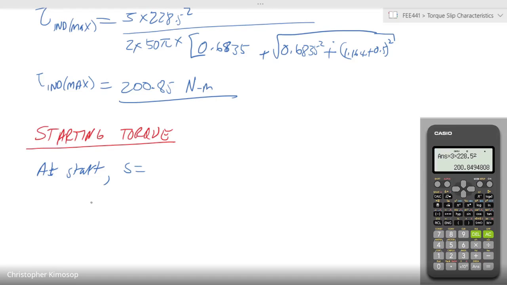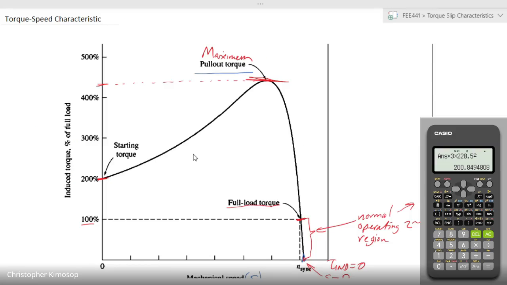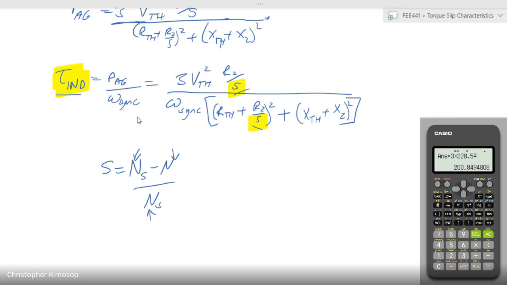It is equal to ns minus 0, because the mechanical speed is 0, over ns, which means that slip is 1. Therefore, in the induced torque equation, these values of slip are equal to 1, so we can disregard them. We will be working this out without s.